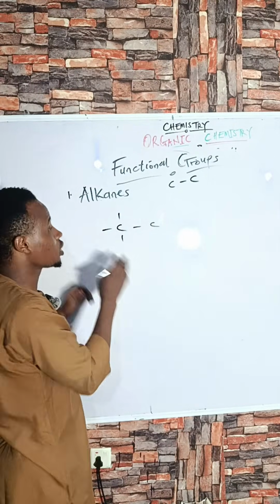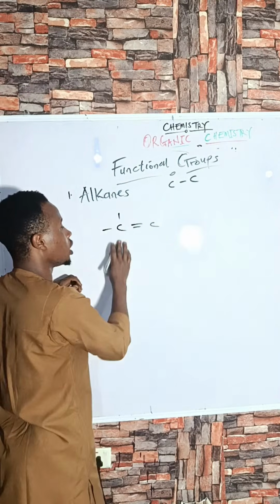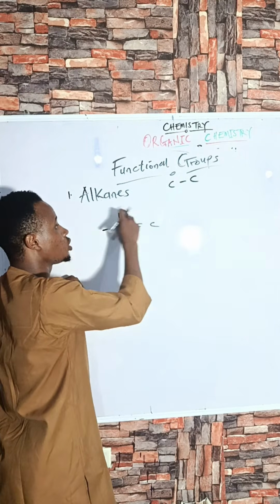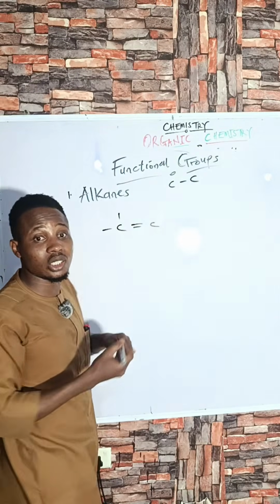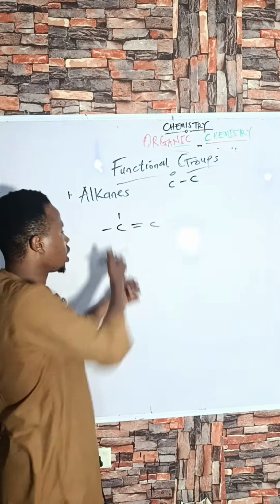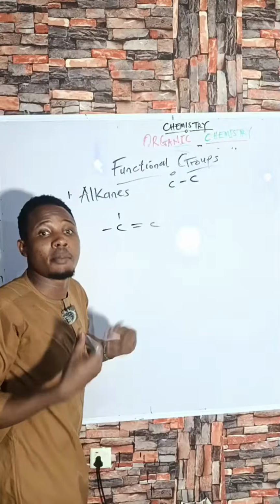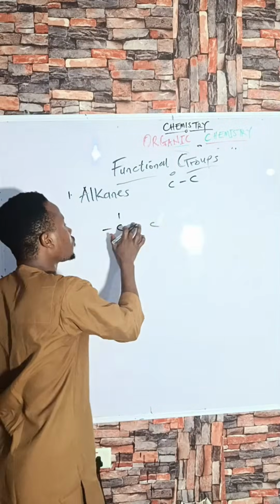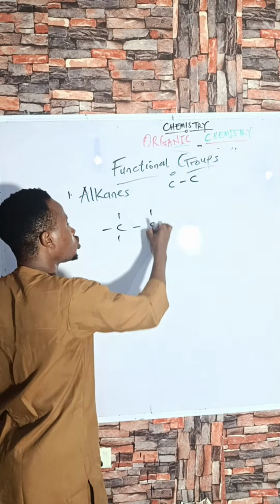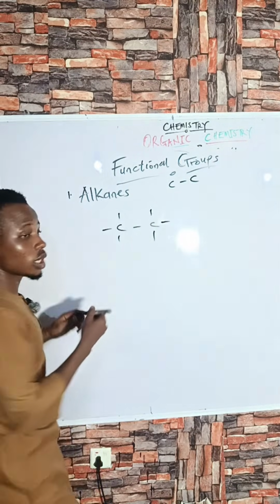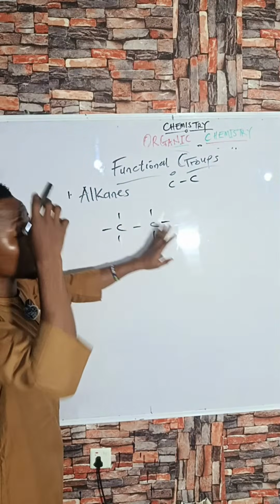If I wanted a double bond here, this is 1, 2 already, so 3, 4. I cannot put something down here because that will make it 5. We say carbon is tetravalent, so it would be becoming pentavalent. So in the case of alkanes now, single bond, this is 1, for this same carbon 2, 3, 4. Okay, so now this compound is correct and complete.